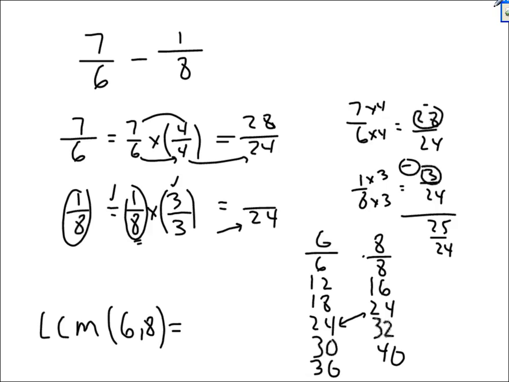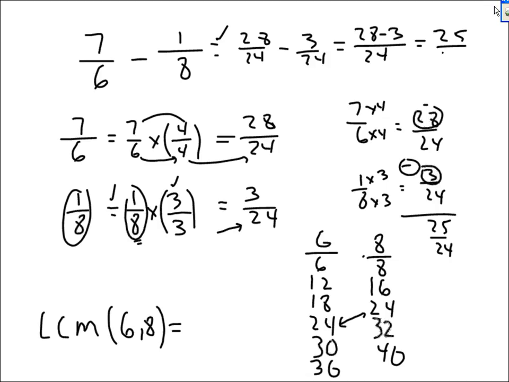Of course, that's true. And let's multiply the top. 1 times 3 is 3. So we're doing 28 over 24 minus 3 over 24. Why are we doing that? Well, it does equal what's to the left, our original problem, and the denominators are now the same. 28 minus 3 is 25 over 24. That's your final answer.